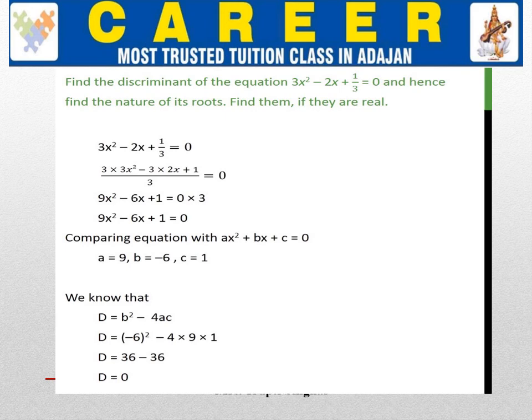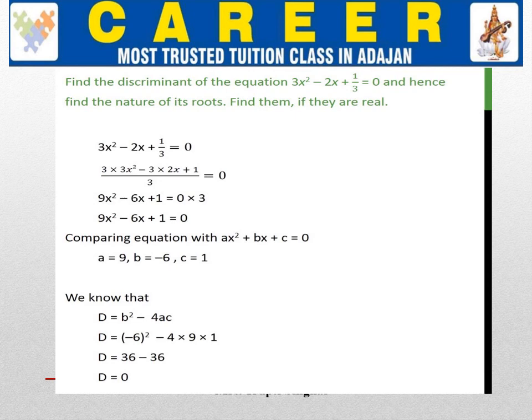Here the constant term has the denominator 3, so we take the LCM and balance the equation as 9x square minus 6x plus 1 equals 0. Then compare with the general equation to get a, b, c and put them into the discriminant D as b square minus 4ac.